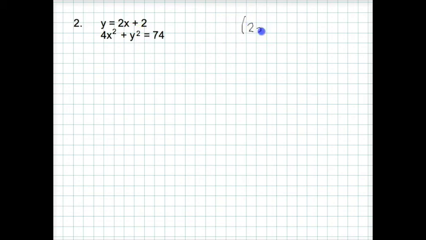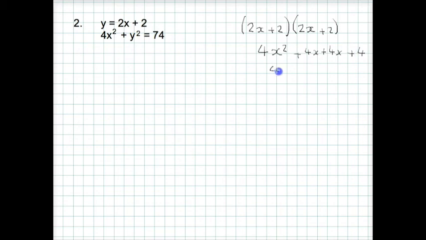So we've got 2x plus 2, which we're putting in place of the y here, and we have to square it, which is 2x plus 2 times 2x plus 2. We'll multiply this out. We get 4x squared plus 4x plus another 4x plus 4.